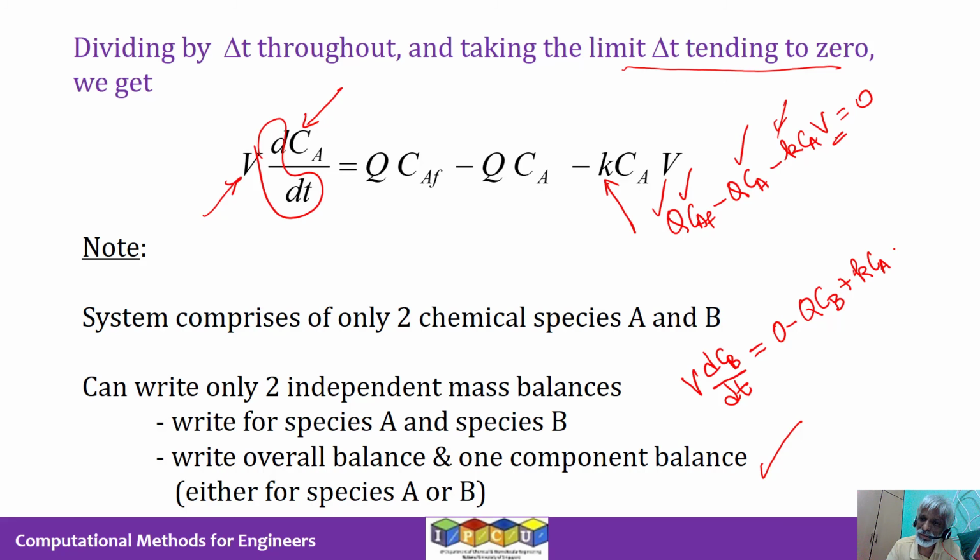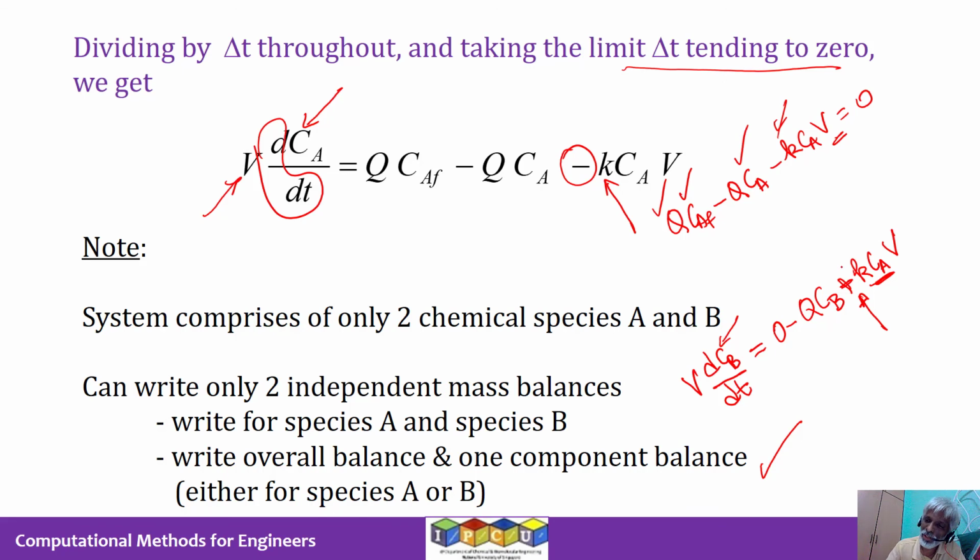KCA times V. The plus sign is because we are writing it for species B, which is a product species, and this gets formed. Therefore, you should have plus. For A, it was minus because A was destroyed due to the reaction. Now, the reaction rate is KCA, and the stoichiometry we have assumed is A goes to B. So for every mole of A that gets destroyed, 1 mole of B gets formed.